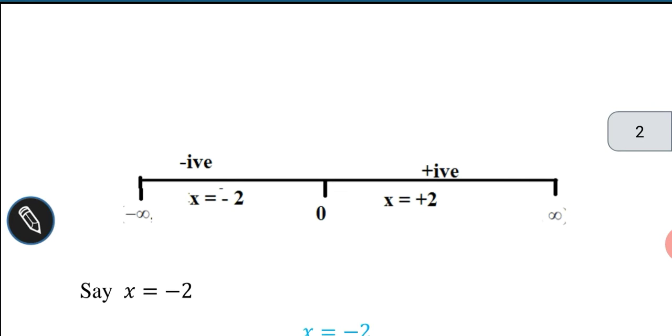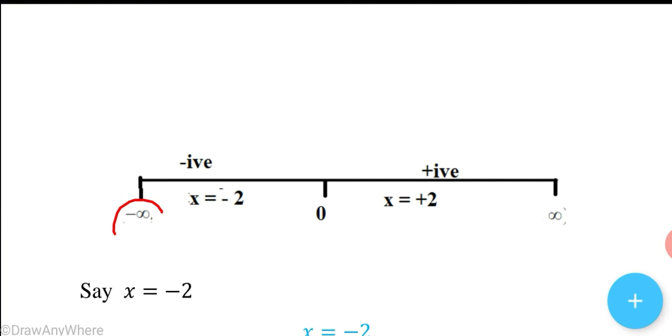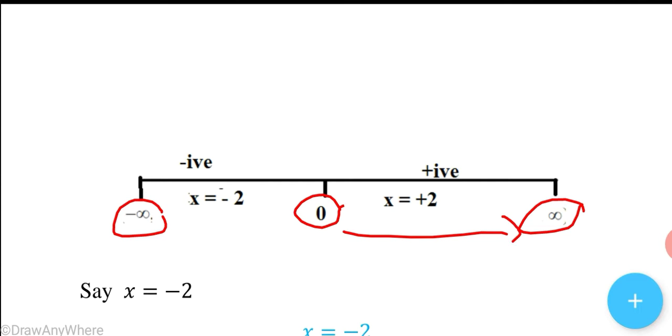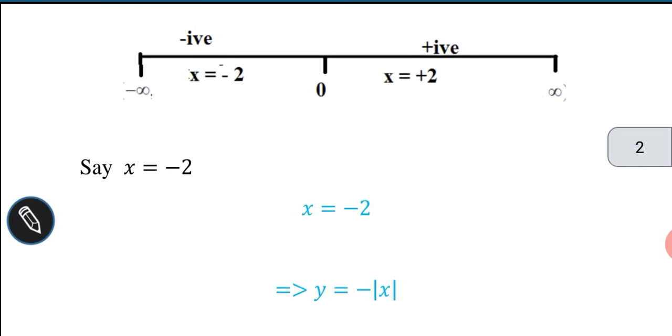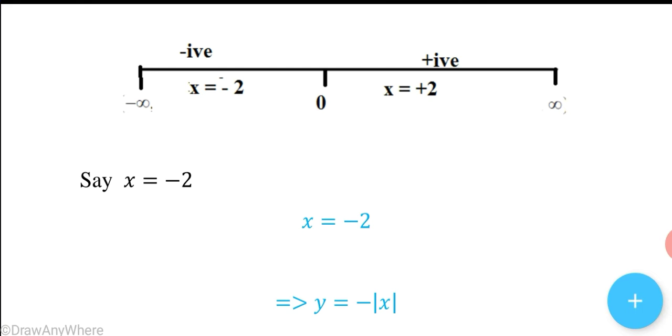Next, draw a number line. This is minus infinity, plus infinity, 0. From 0 to infinity we have positive numbers, and from minus infinity to 0 we have negative numbers. Assume x is negative. Suppose x equal to minus 2. The given function is y equal to minus modulus of x.